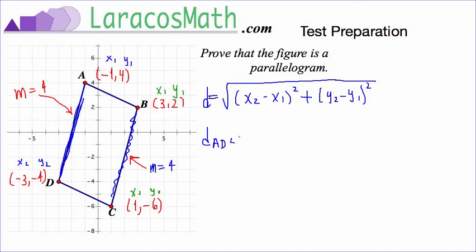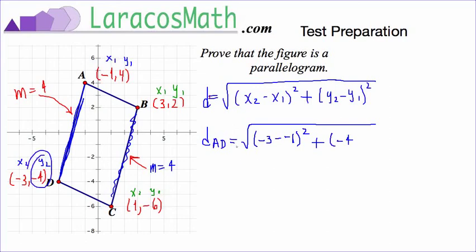So this is again my square root, and I'm gonna make x2 is -3 minus x1 is -1, and this goes squared, plus y2 now is -4, minus y1 that is 4, and this goes squared. In this case I have a double negative here. I'm gonna change it to a positive, so this is square root.